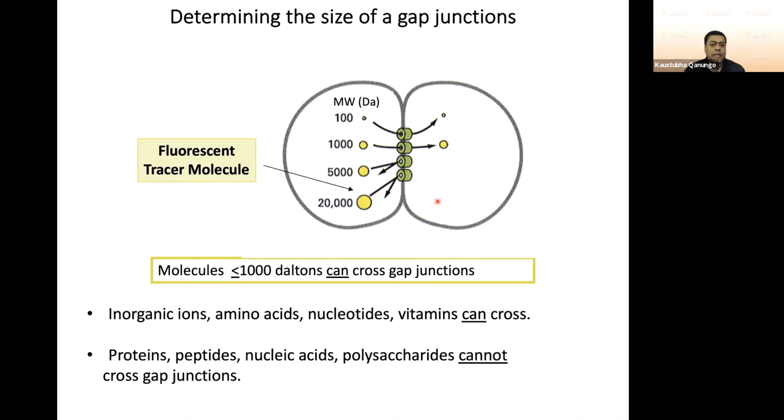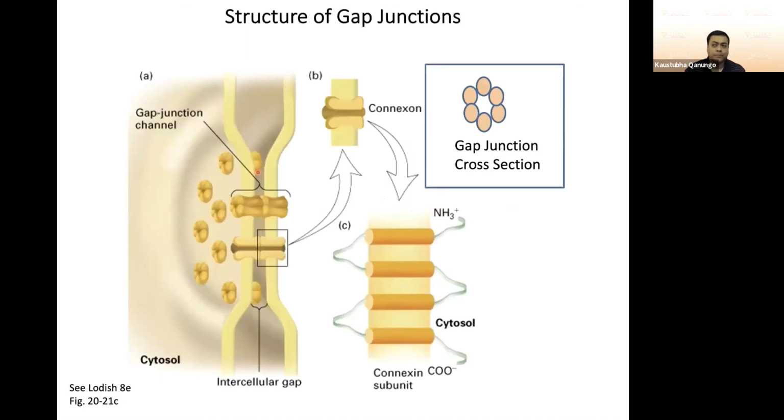So let's take a look at how this works. On the left-hand side you have cell 1 and cell 2. Interestingly, each of these gap junctions is made up of a protein known as a connexin. This connexin is a four-pass transmembrane protein.